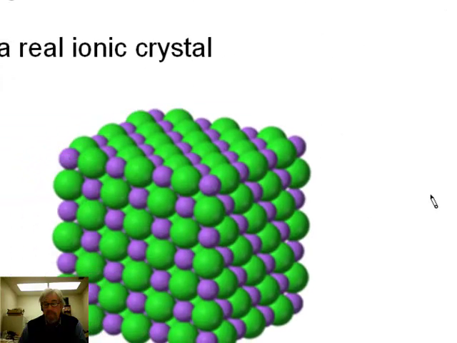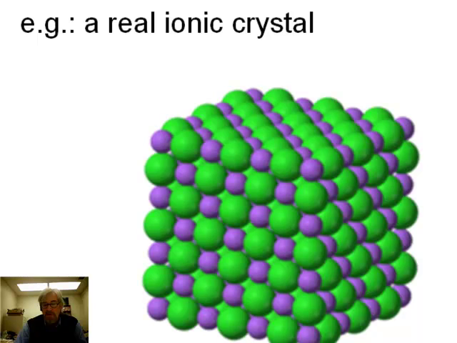In a real ionic crystal, it's slightly more complicated than that in many cases because we've got 2 ions that have to fit in there. So if you look at this pattern, you can sort of see a face-centered cubic by taking a unit cell right here. And so the larger green chlorines are arranged in a face-centered cubic.